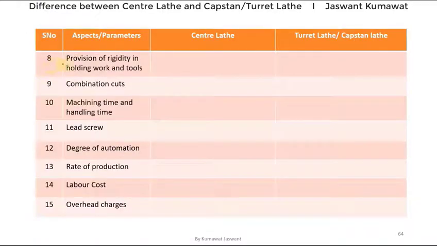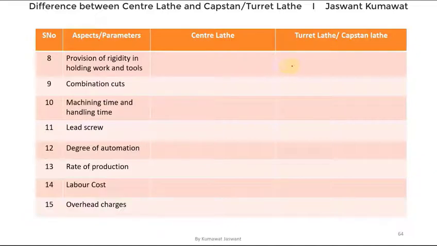Now the eighth difference is based on provision of rigidity in holding the work and tools. In center lathe there is no special provision to provide rigidity to work and tools. However, in center lathe we can provide rigidity to work by steady rest and follower rest. But this rigidity is during the operation.